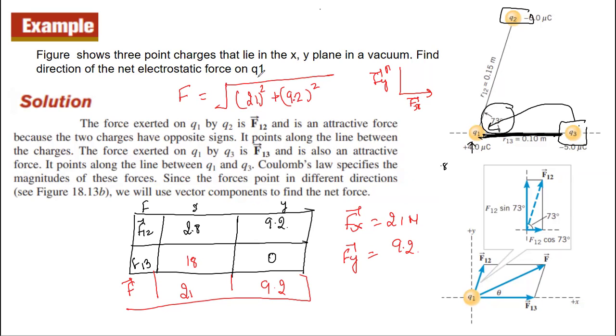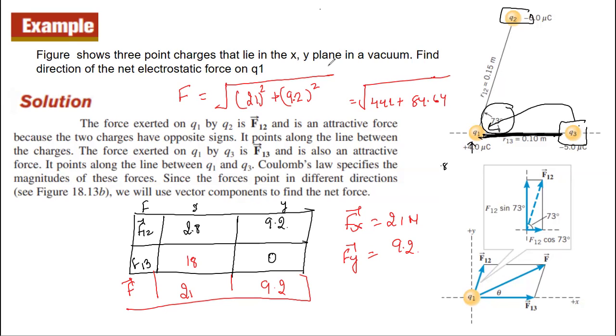So you can do this calculation. Let me do that with you. Let me make some space on this side. So 21 squared is 441, plus 9.2 squared. 9.2 times 9.2 is 84.64.